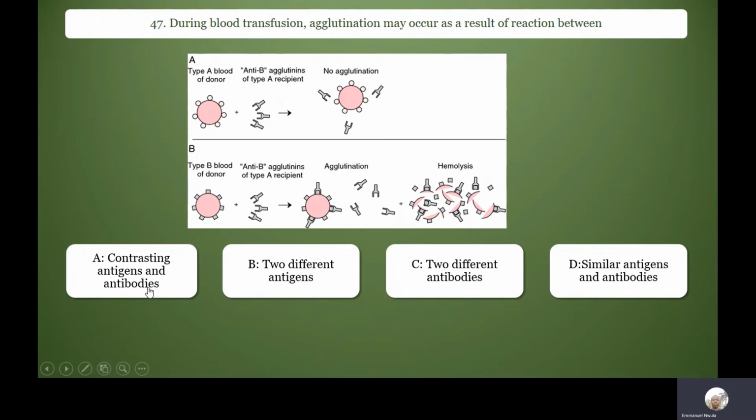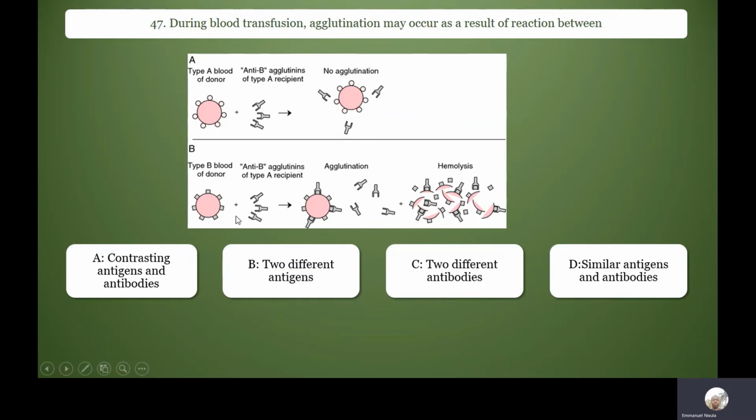For instance, if somebody with blood group A donates blood to somebody with blood group B, there will be agglutination because the recipient that has blood group B has antibodies against blood group A. So it will clump the incoming blood from blood group A and it could lead to death of the recipient.